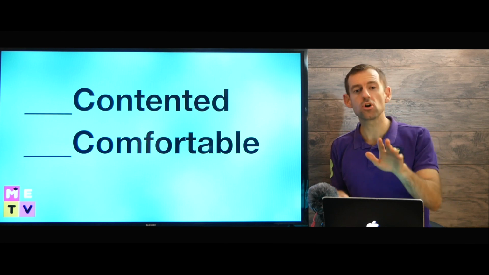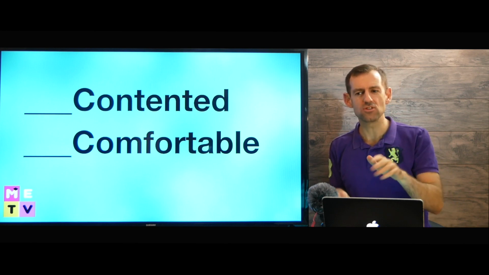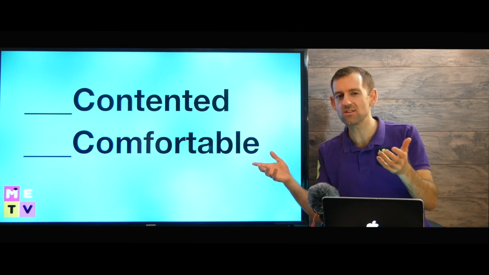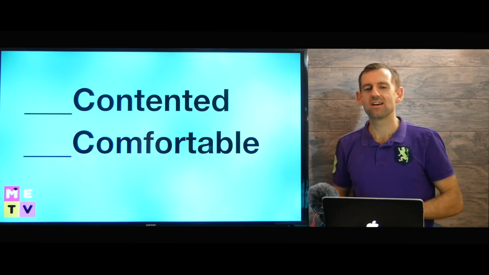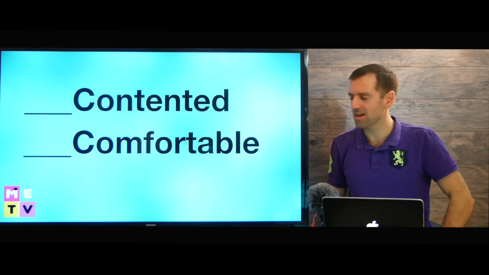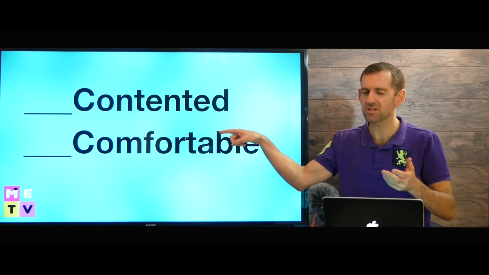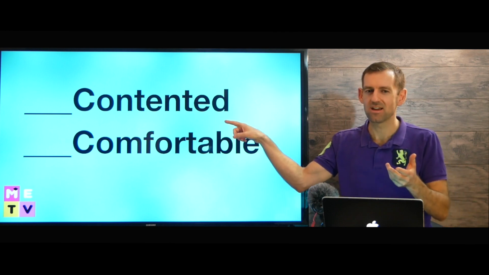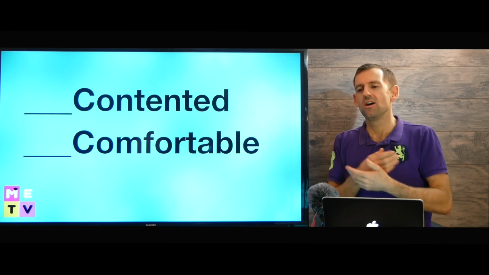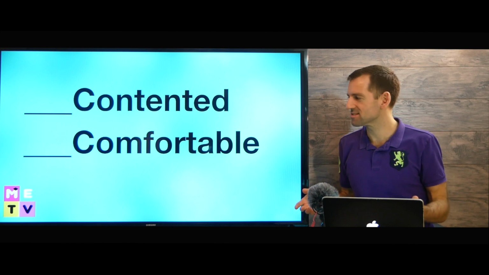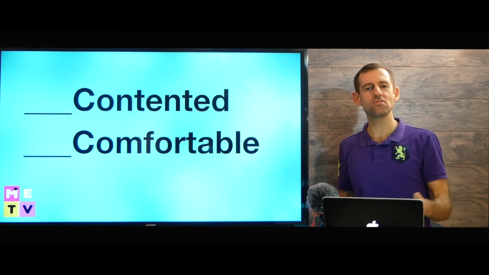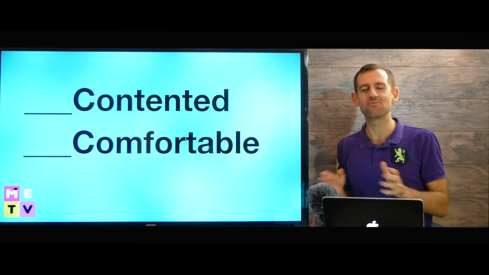Now if you don't like traveling and you don't like discovering new things, then you just like to be contented and comfortable. Both of these words pretty much mean the same thing. Contented and comfortable mean relaxed, at peace, at rest. You just like to stay in your house because your house is nice and comfortable.